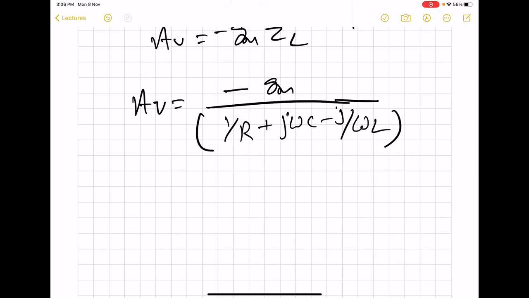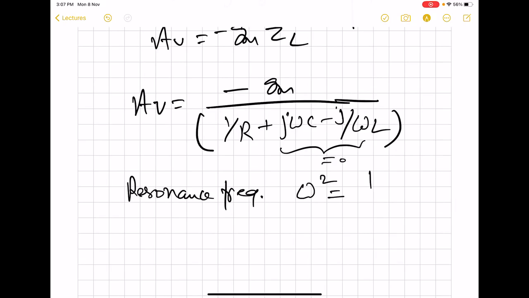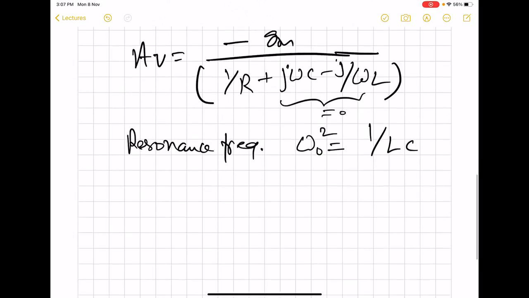One is when the frequency is very small compared with what is called the resonance frequency. That means the frequency where this imaginary part is equal to 0. And that will give rise to omega equal to 1 by square root of LC. So let us call it omega naught.